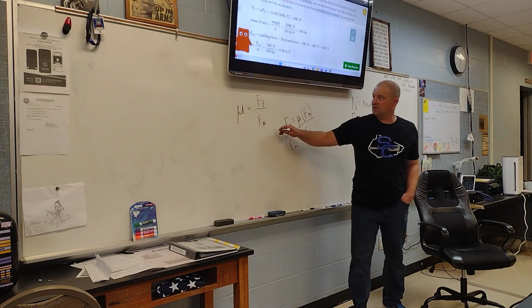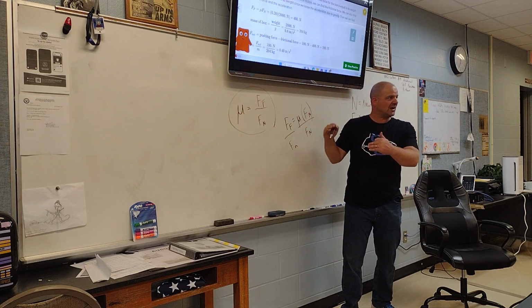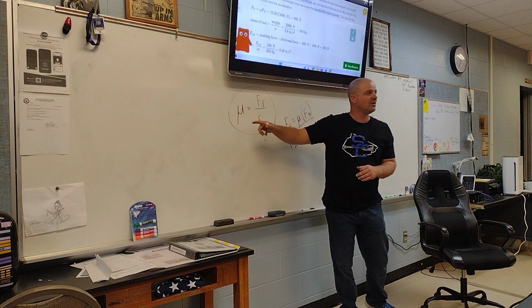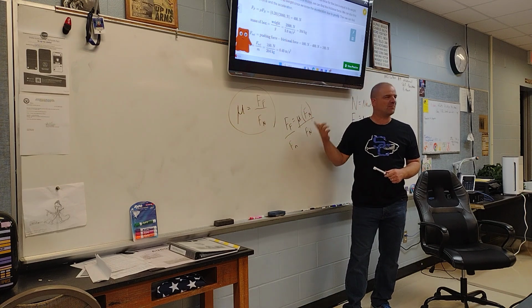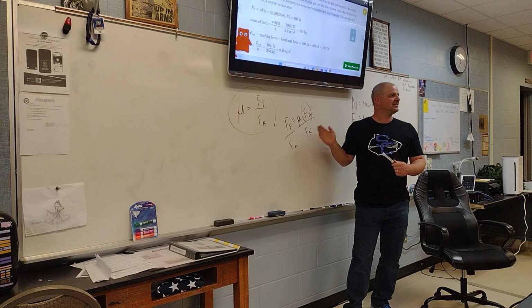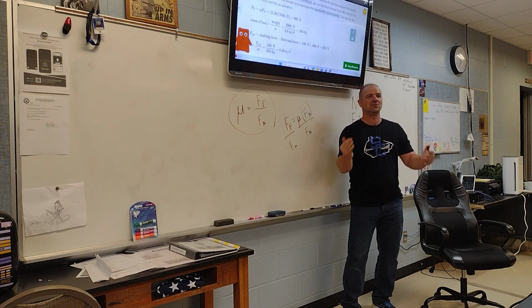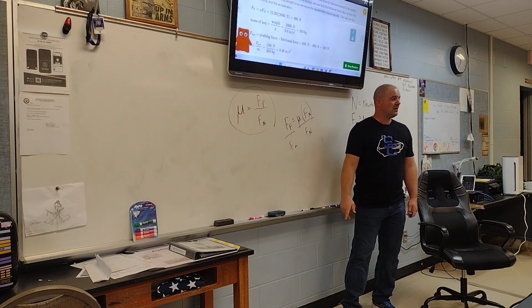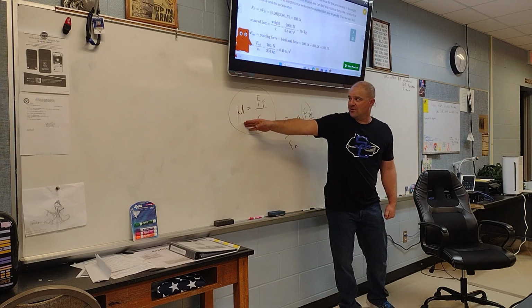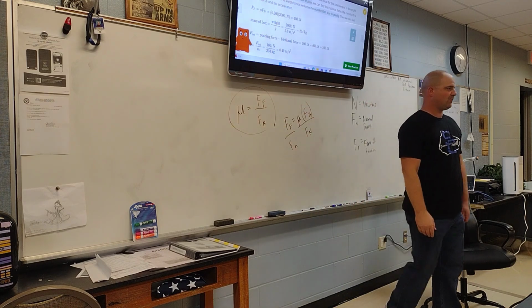You wanted a formula that would directly, in one step, solve for the coefficient of friction. That's it. It's the same formula we've been using, just without isolating the variable first. We're setting it up where the variable is isolated to begin with. Does that make sense? If you want to put that in your notes, that's the formula to find mu if you are given those two variables, force of friction and normal force.